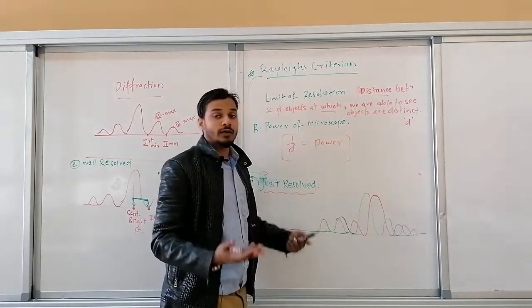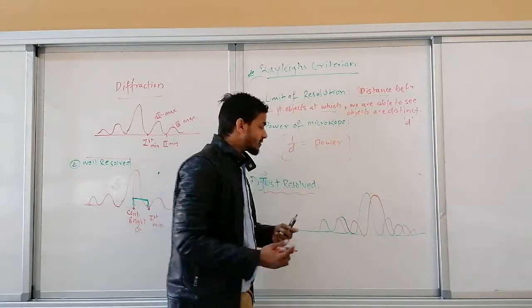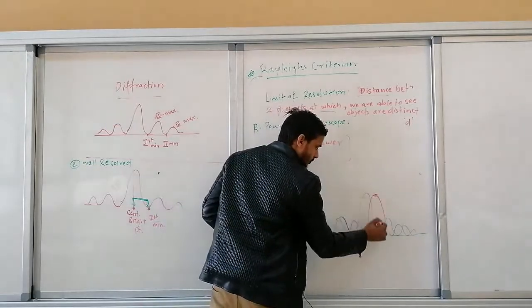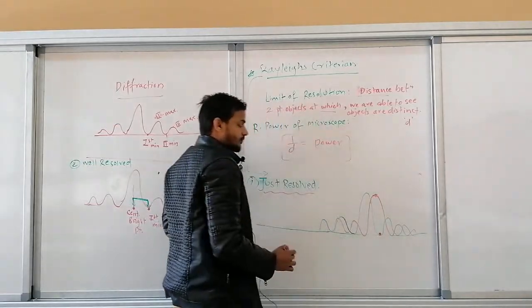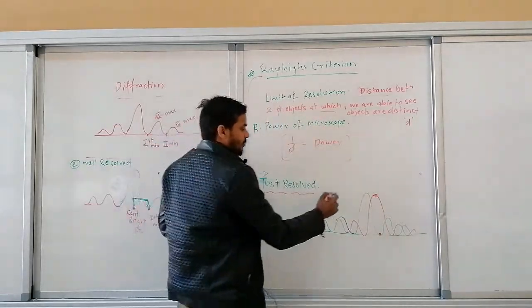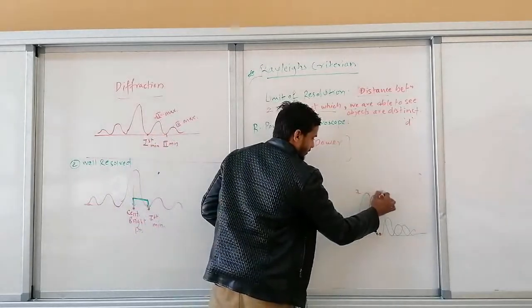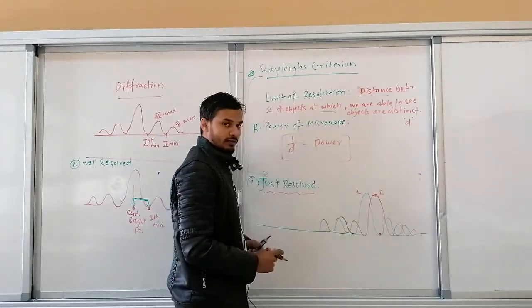Why do I draw like this? How can I know? Because I know the key. Where is the key? This is the key. Did you see that? Suppose this is first and this is second. So what's going on here?